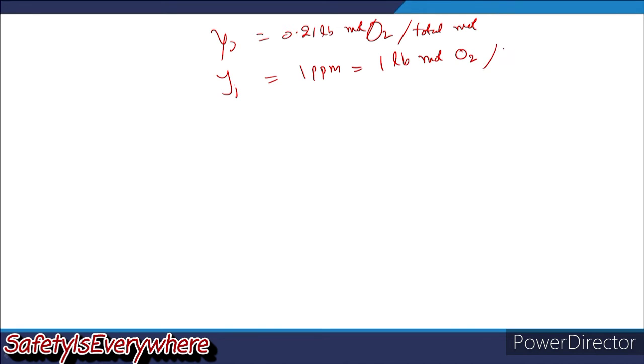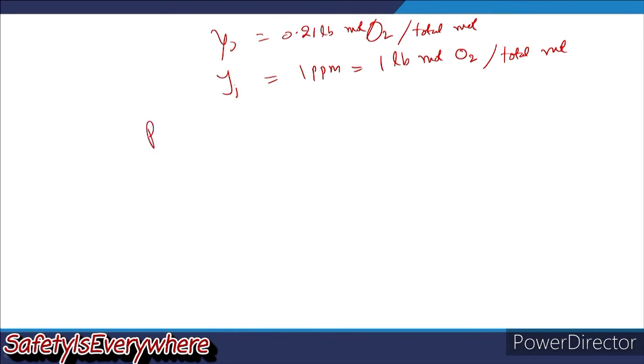Here Y naught is equal to 0.21 pounds mole O2 divided by total mole. Yj is equal to 1 ppm, which is 10 to the power minus 6 pound mole O2 divided by total mole.